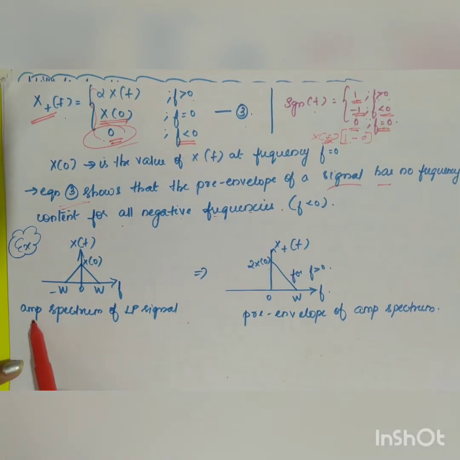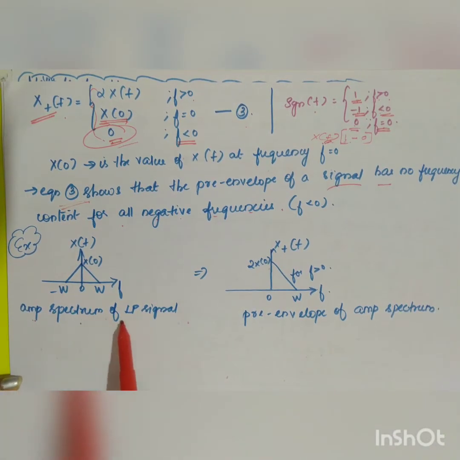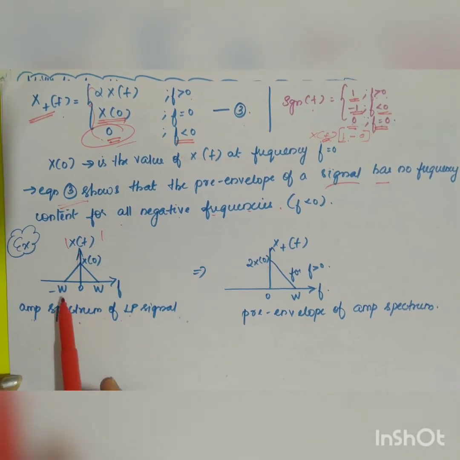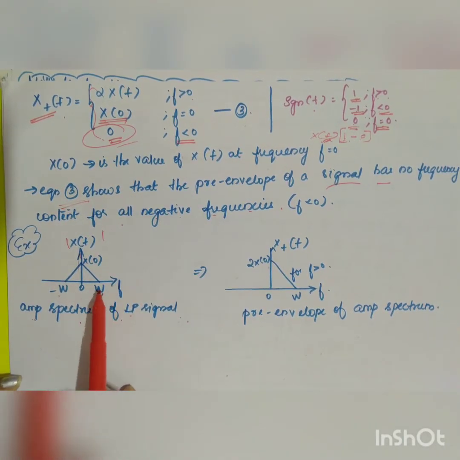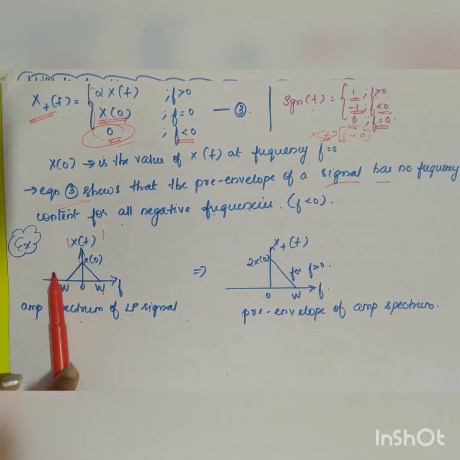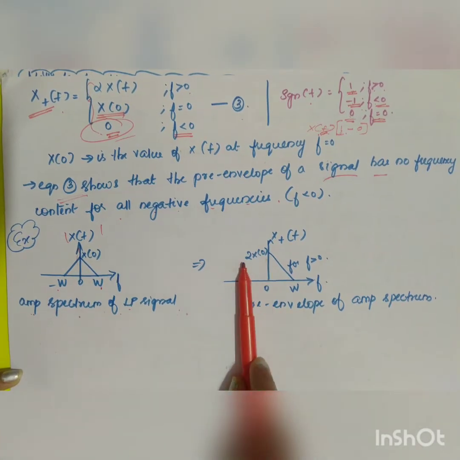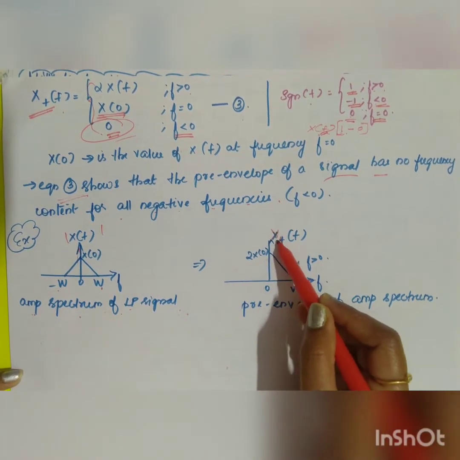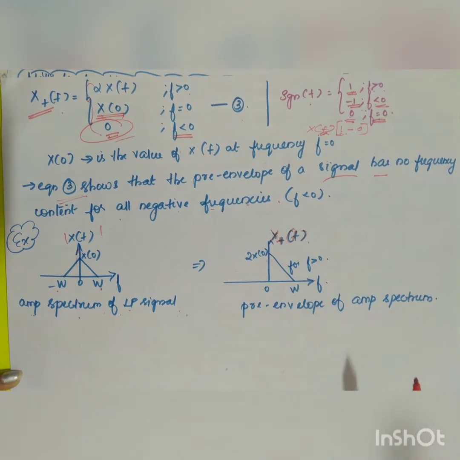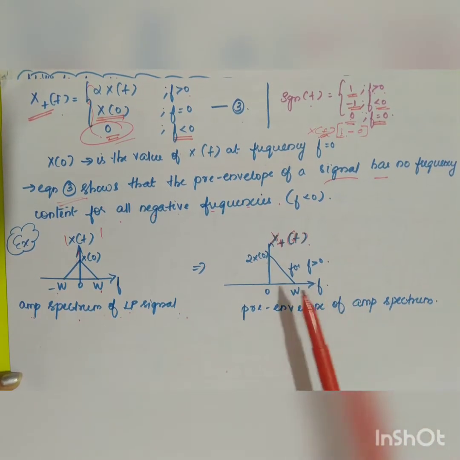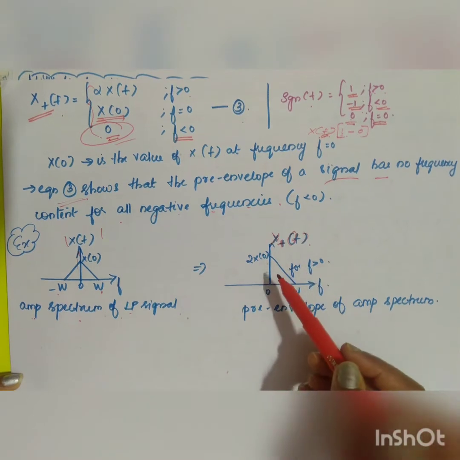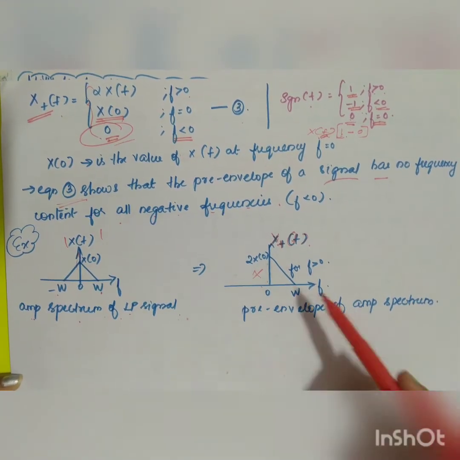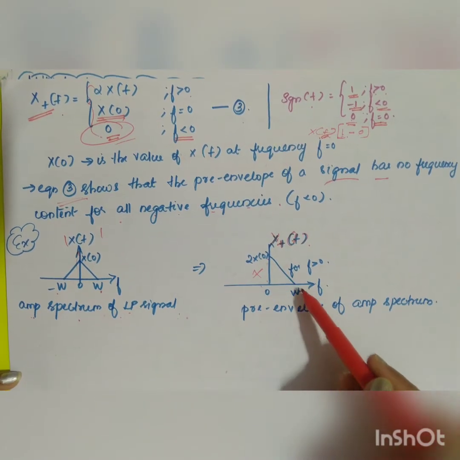For example, if you take the amplitude spectrum of a low pass signal, magnitude of x of f from minus w to plus w, you don't have negative frequencies in the pre-envelope spectrum; the value is 0. You will have only the positive terms.